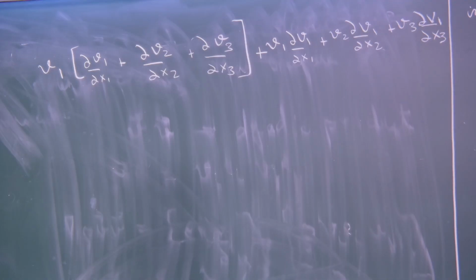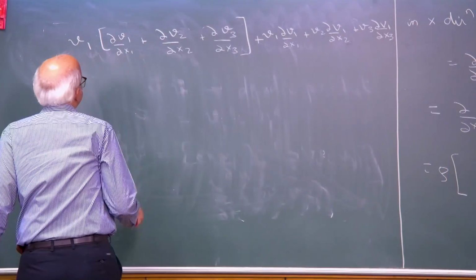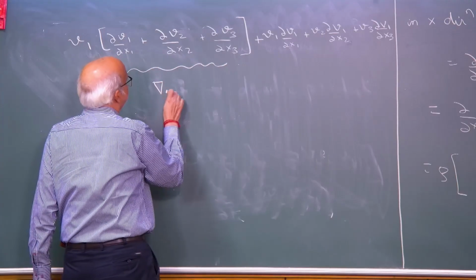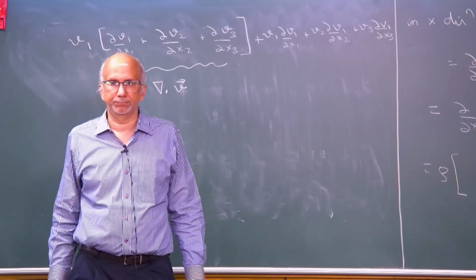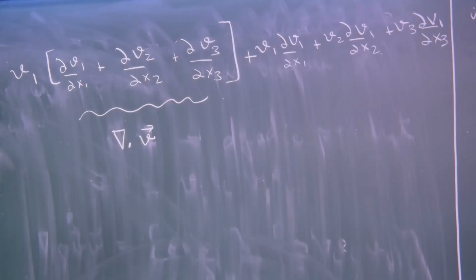All I have done is some rearrangement, and the reason for doing that is I want you to recognize that this is nothing but divergence of V. If you have an incompressible liquid, divergence of V is 0 from the continuity equation. So, this gets simplified.